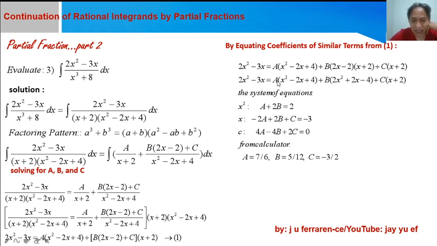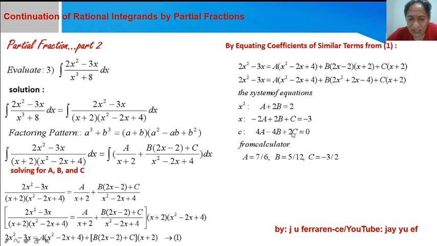I have an x term from this group and it contains a minus 2a as my constant. Then I have also an x term which is 2b. Correct? I also have an x term here which is cx. Right? So, the coefficient of that is c. Now, that's equated to the constant coefficient of the x term at the left, which is minus 3.